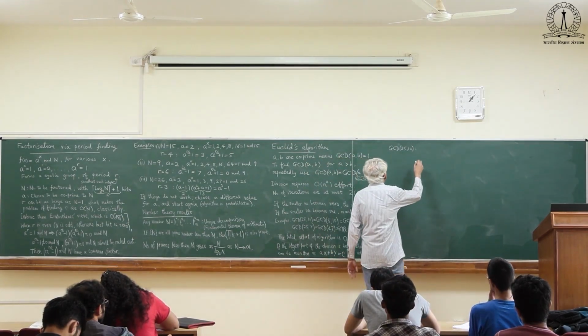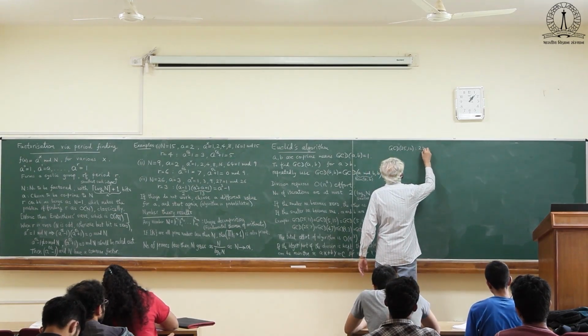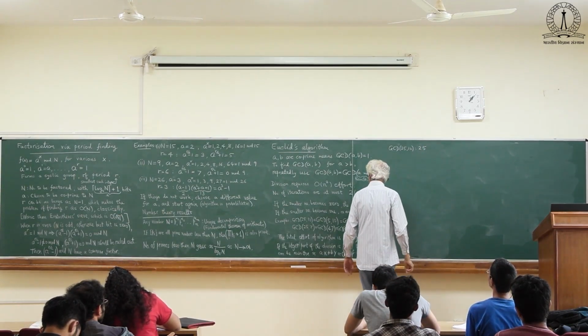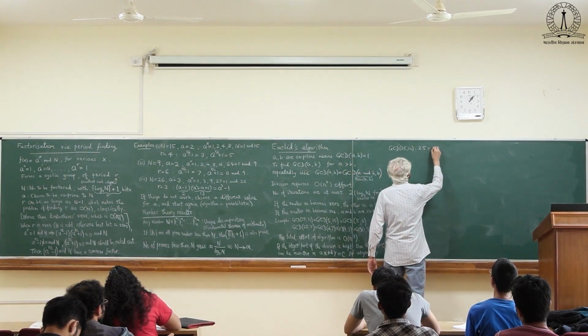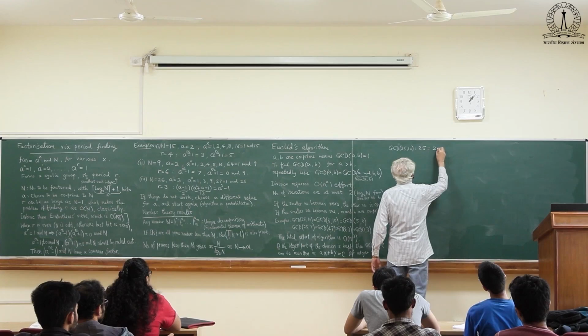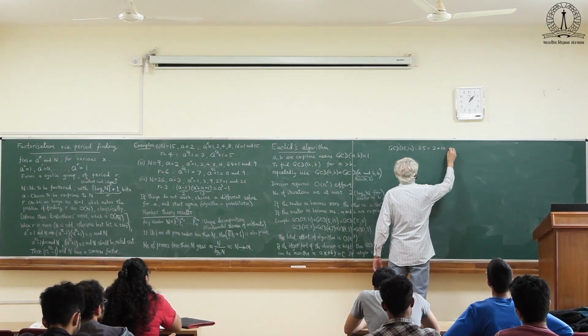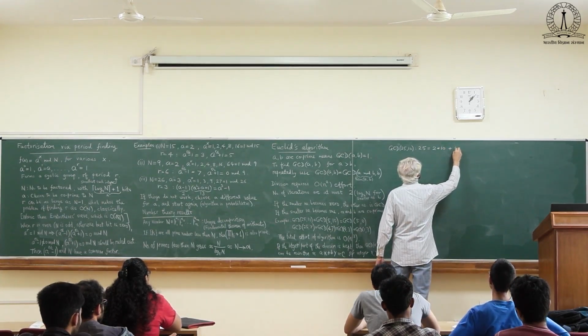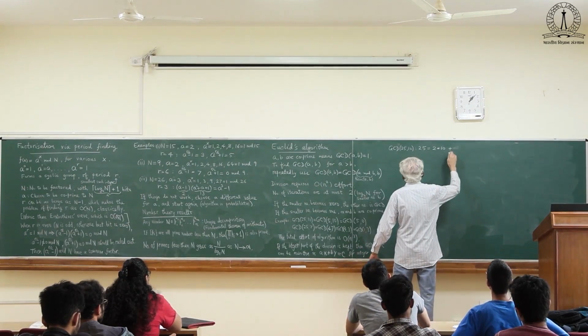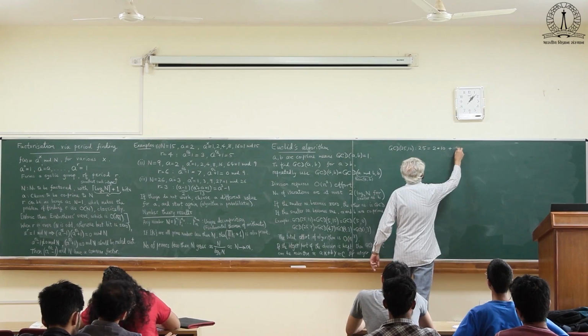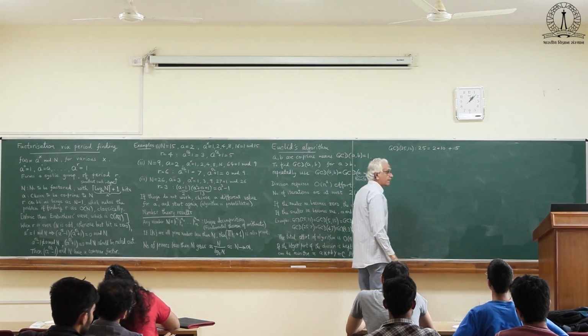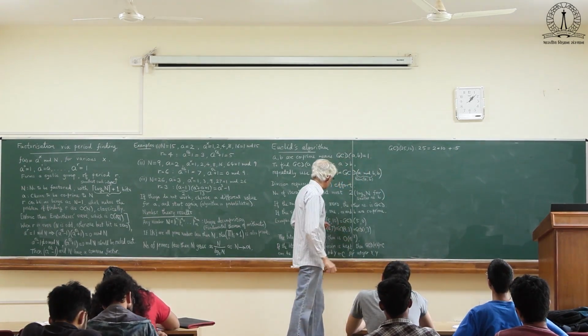I will keep the integer part. So 25 is equal to 2 times 10 plus the remainder. Okay, this was the first division.